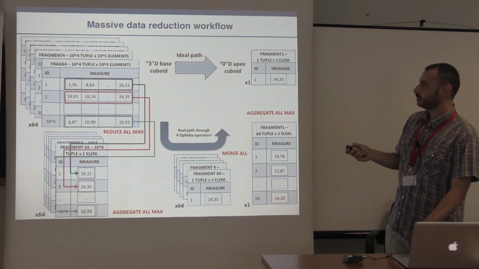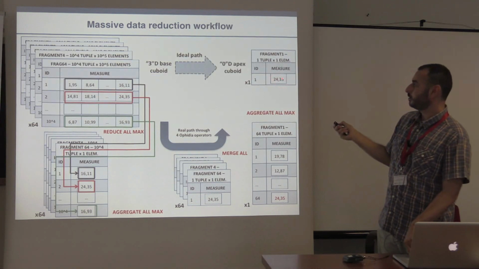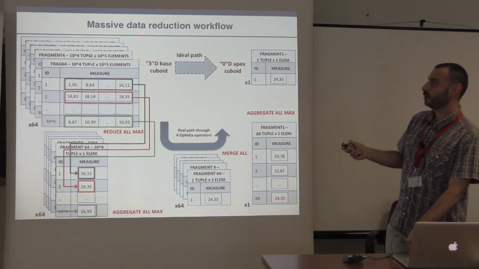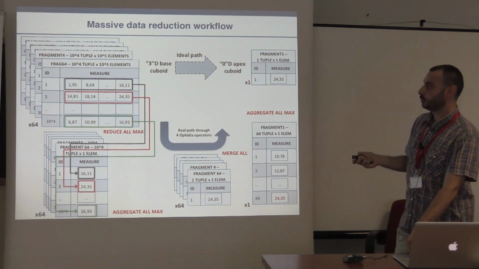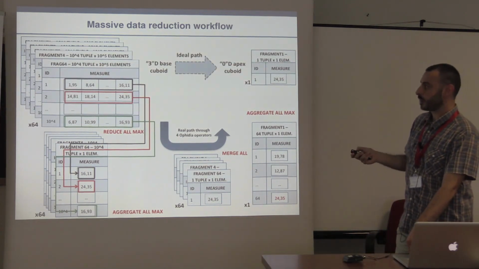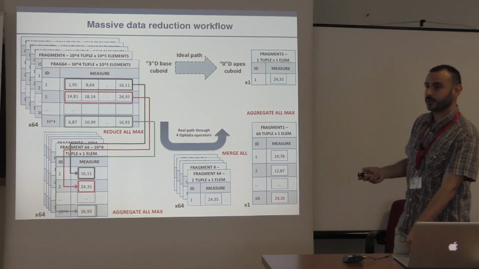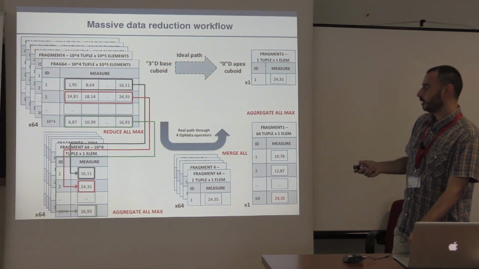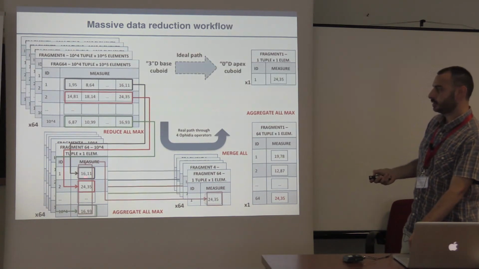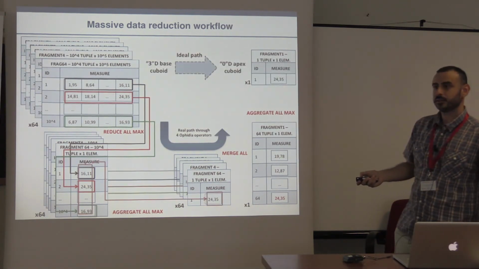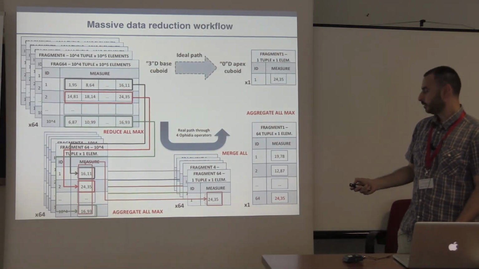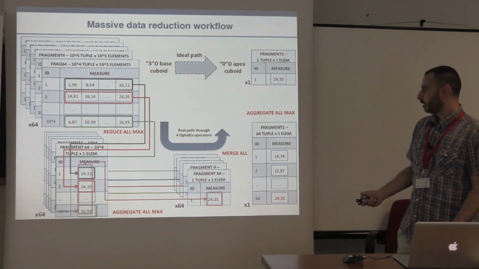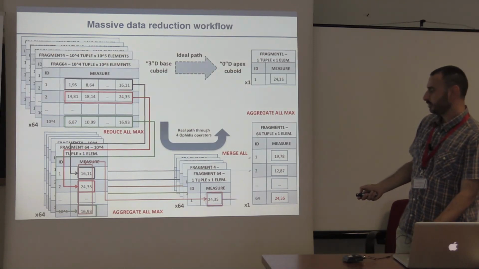The first operation, in order to find the single value which represents the maximum value of the entire cube, is the reduction. We reduce all the arrays, finding the maximum value for each array. Then we aggregate, finding the maximum value for each column. Then we have 64 fragments.